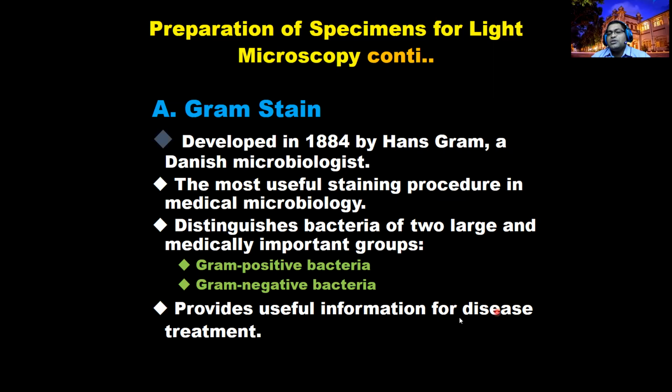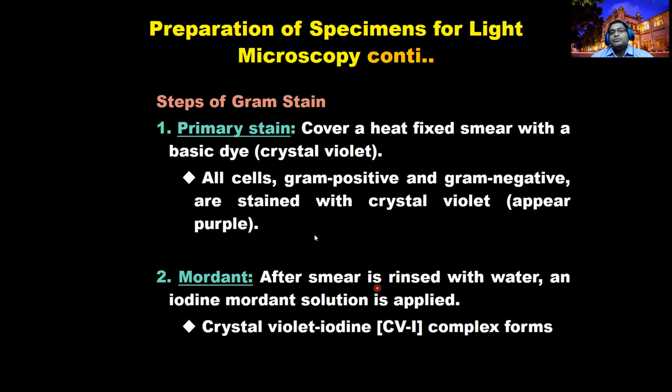It provides useful information for disease treatment, right? According to the classification, if you want a solution immediately, you can quickly sort out which group of bacteria it is, which type of medicine to take, or which type of treatment to give to a plant if the plant dies.